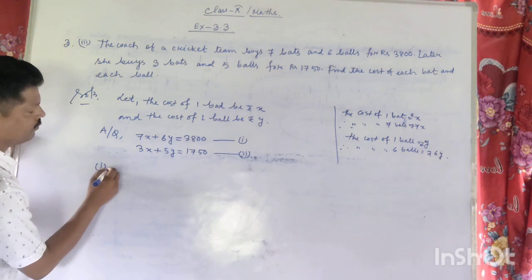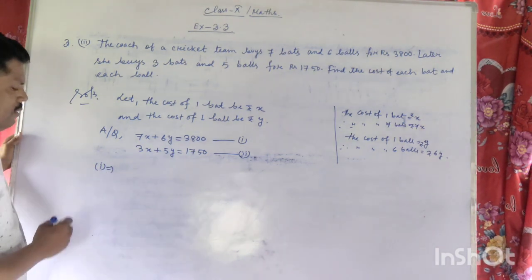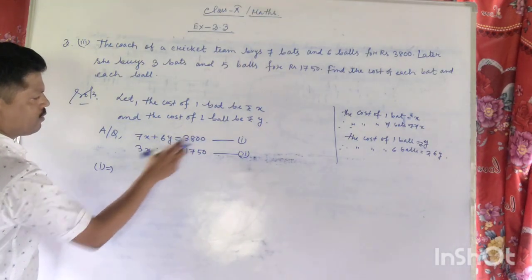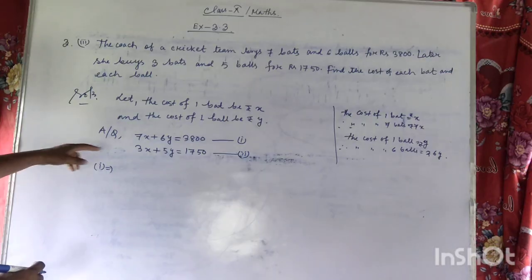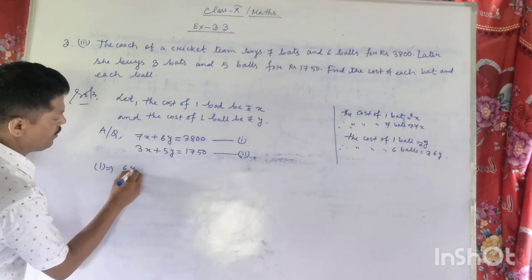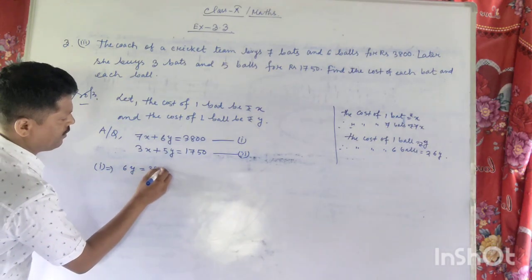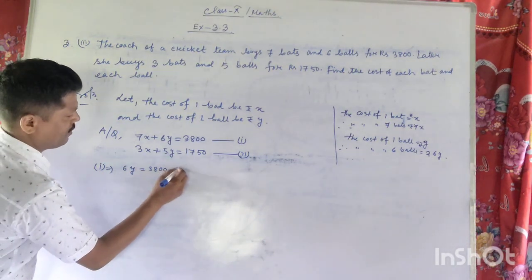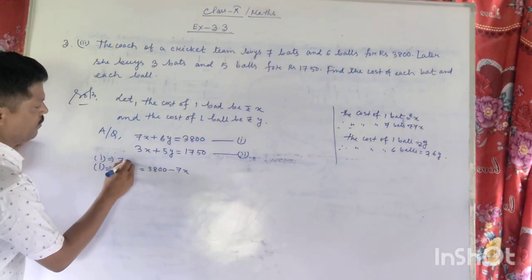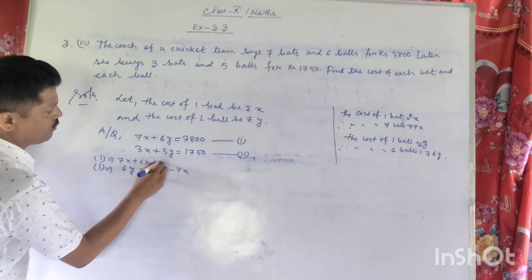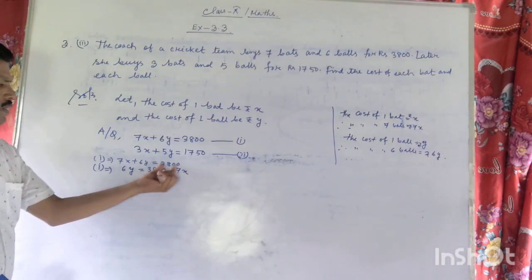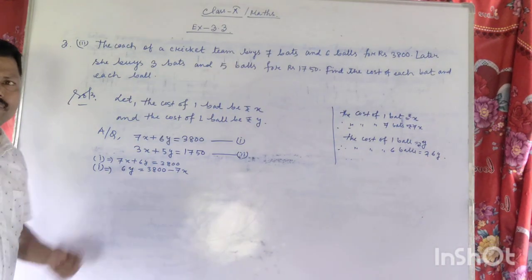From equation 1, 7x plus 6y is equal to 3800. So from 1 we can write 6y is equal to 3800 minus 7x. This one is positive, so it will be negative on the right-hand side. So 6y is equal to 3800 minus 7x.